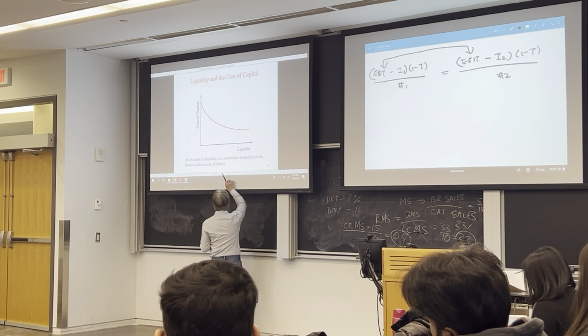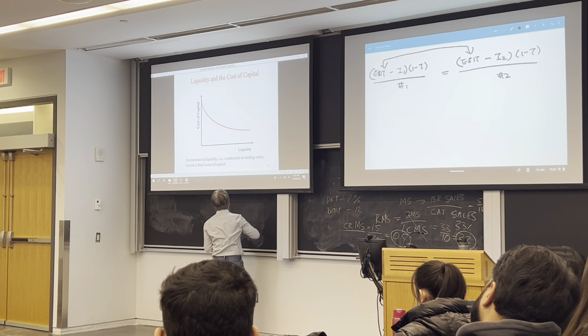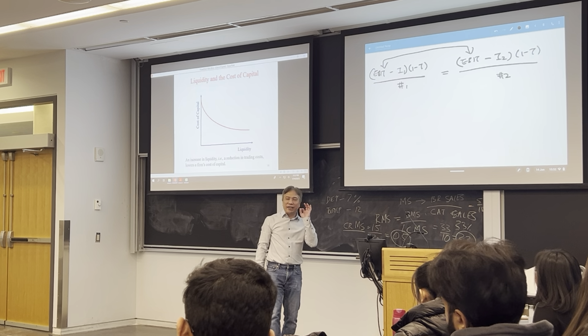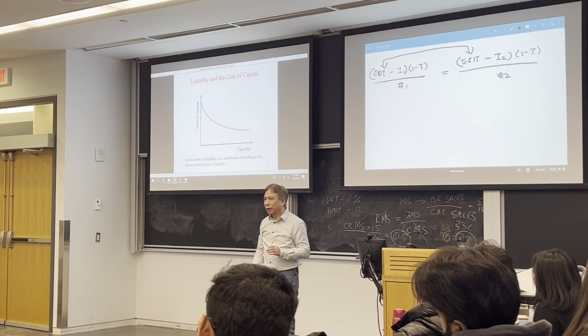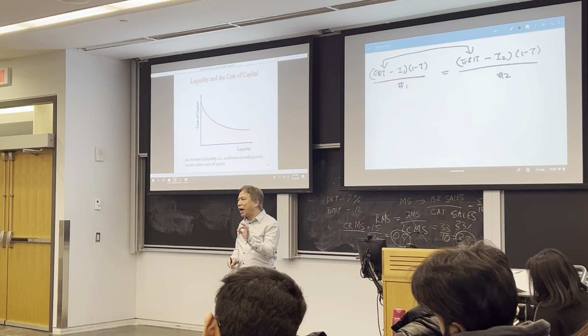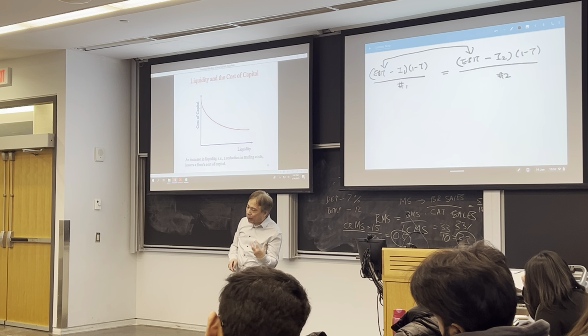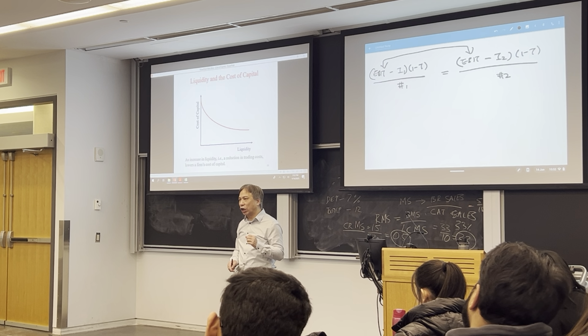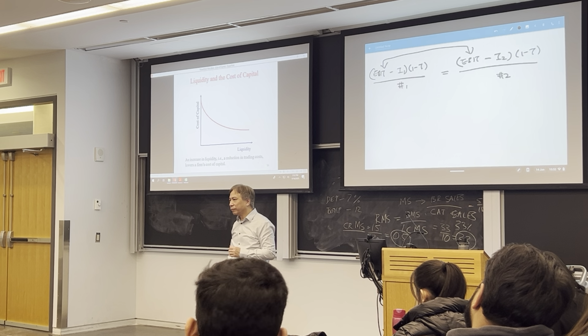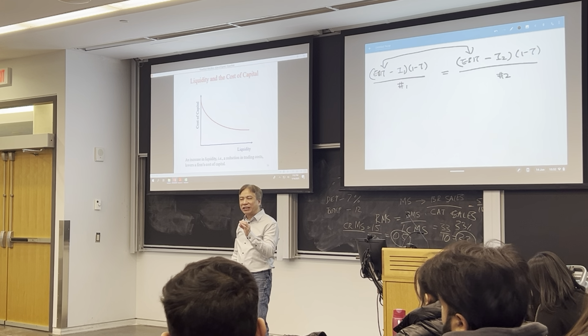If the firm is extremely liquid, you require a lower return. Now, how do we define liquidity? What is liquidity? Liquidity means you can sell or buy a large quantity of the stock at or very close to the market price. That is, the market is very deep.